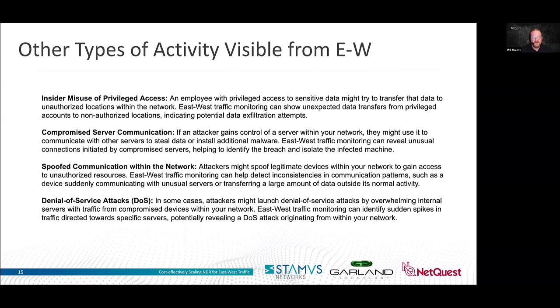So other types of activity from east-west traffic: insider misuse or privilege access. This goes back to zero trust, right? Making sure that the people who have access to certain parts of the network are the only ones getting that access, and being able to verify that that's taking place. Compromised server communications.